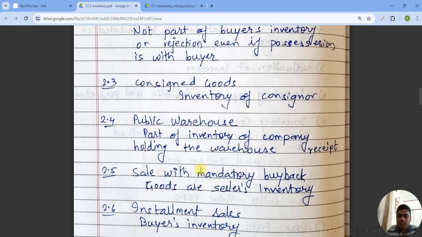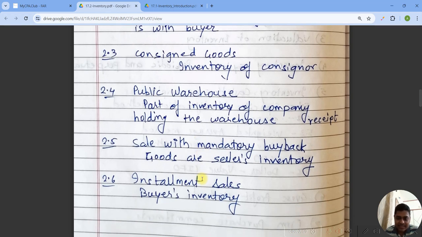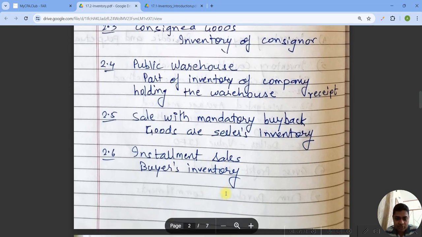Then sales with mandatory buyback: goods are the seller's inventory if there is a mandatory buyback condition. In the case of an installment sale, it is the buyer's inventory, because the buyer has possession and full control of the inventory. It is just a financial arrangement where the buyer pays in installments, which doesn't change anything with reference to ownership. So in an installment sale, the ownership of goods is with the buyer.